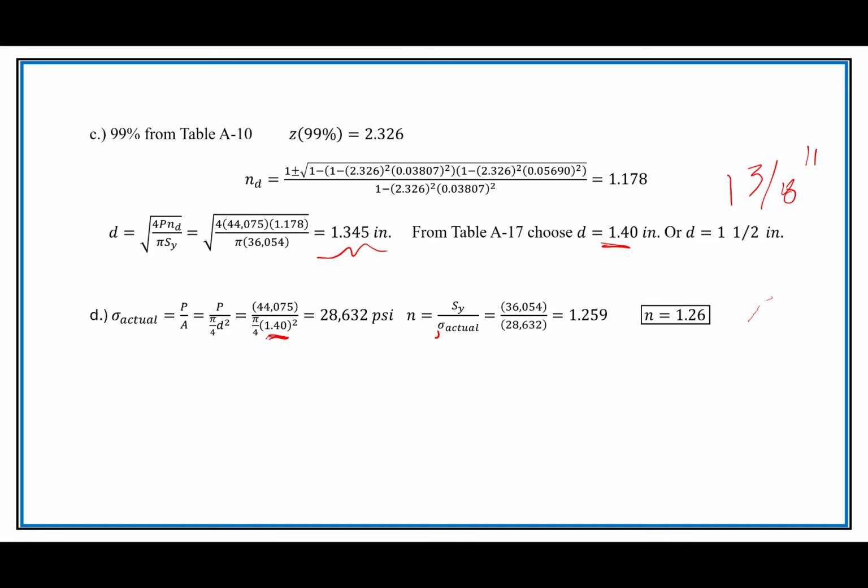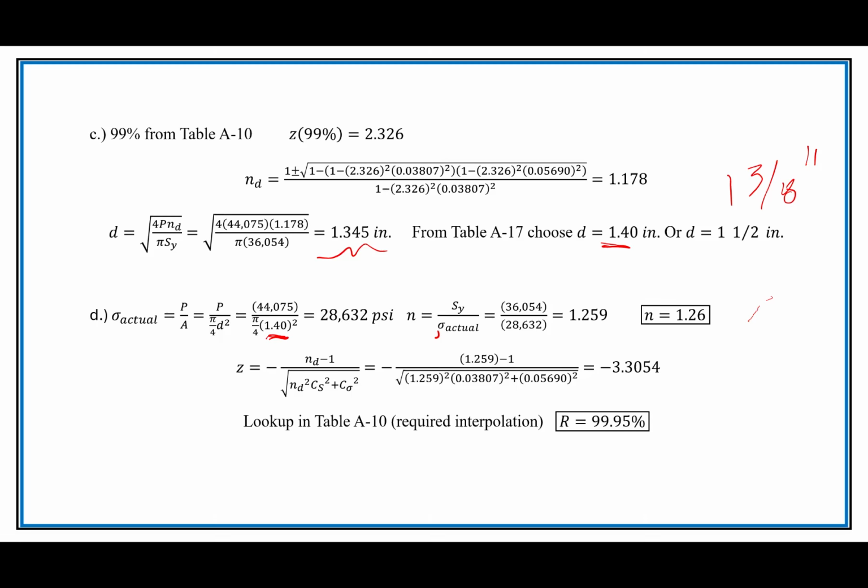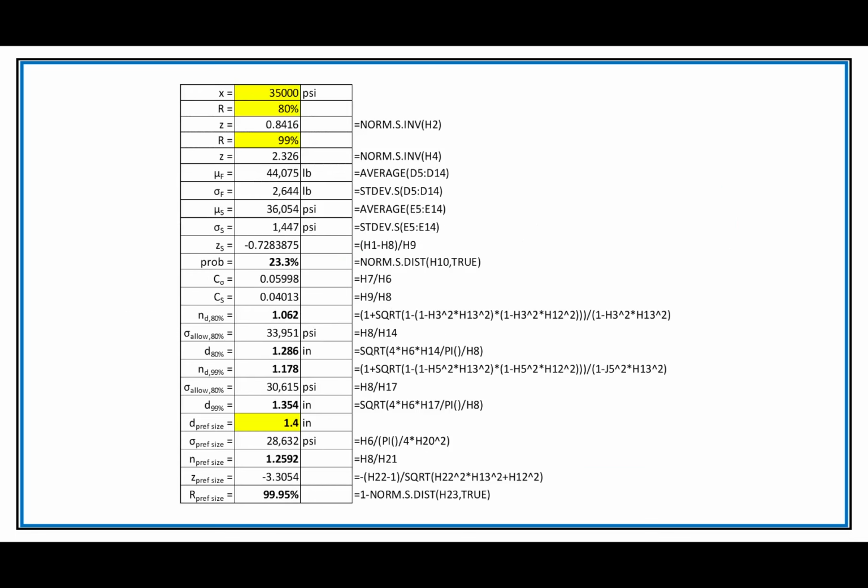And then we can work backwards and find the safety factor, which does the analysis, say, well, how safe are we? And then we could also work backwards again from that and find what the reliability is going to be in this new case. The fact that we rounded up to a size when doing the preferred size method increased the reliability significantly. So that's the idea there.